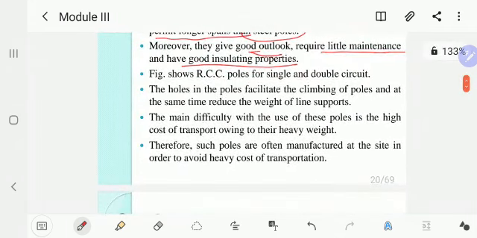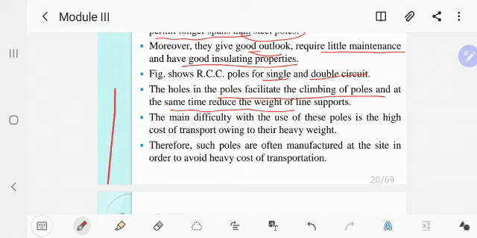So here I'll show you a figure of a single and double circuit of an RCC pole. The holes on these RCC poles are used for climbing the poles, and they also reduce the weight of the line support. If we are giving some holes like that, the weight of this much portion will be reduced.